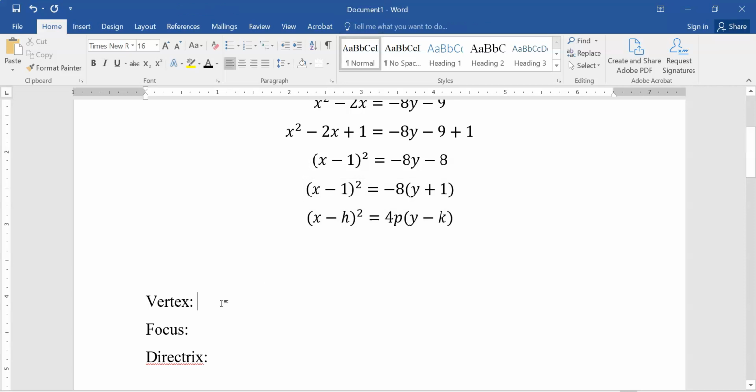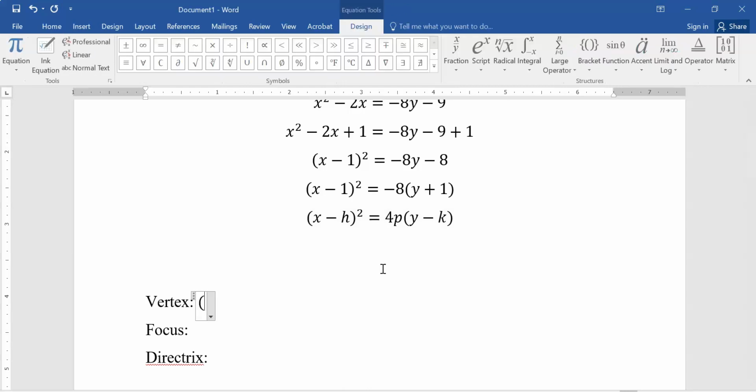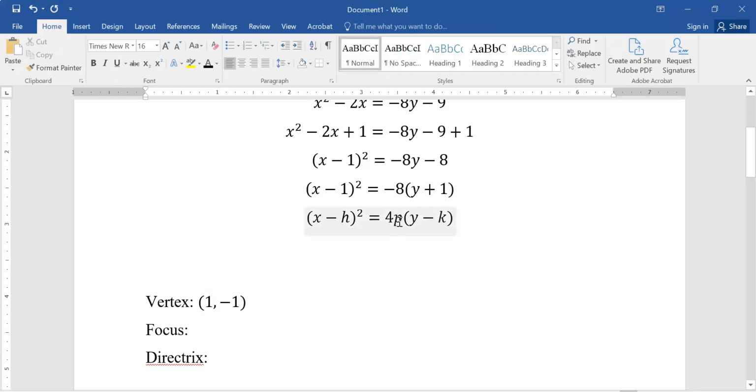Now that means that the vertex, since the vertex is h, k, has to be the point 1, negative 1. If you'll notice, p is negative 2 here. That means that the focus is negative 2 units away from the vertex.